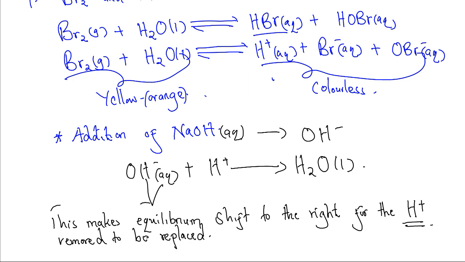So the system must shift in a way to oppose. It has been removed, so we have to bring it in. That's why the system must shift to the right for more of the hydrogen ions that have been removed to be formed.